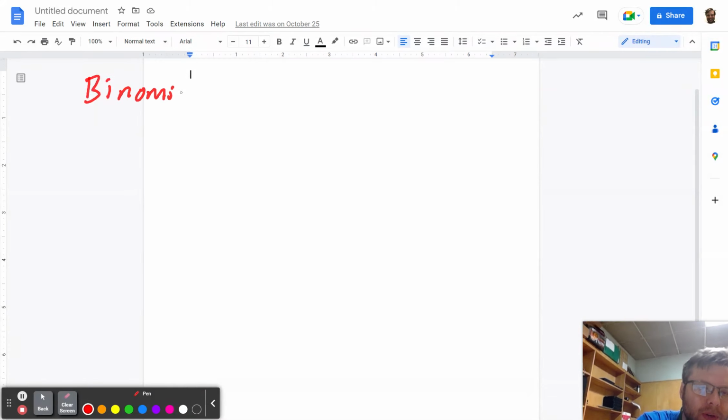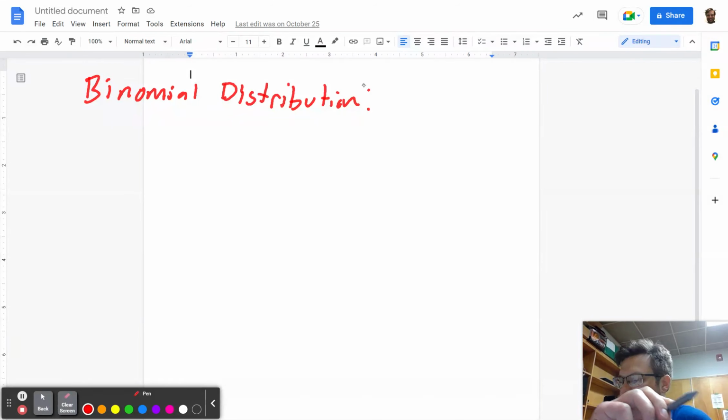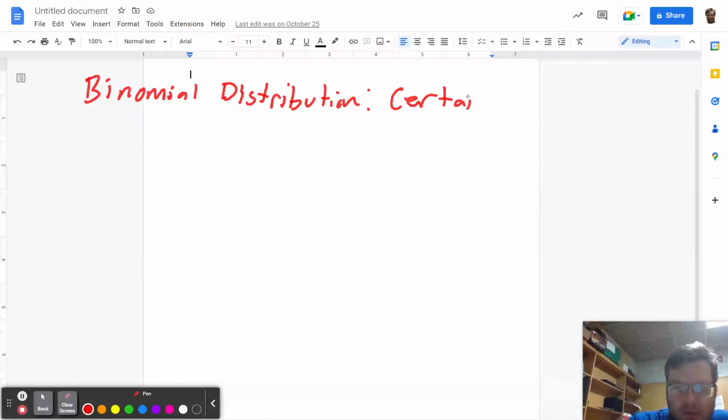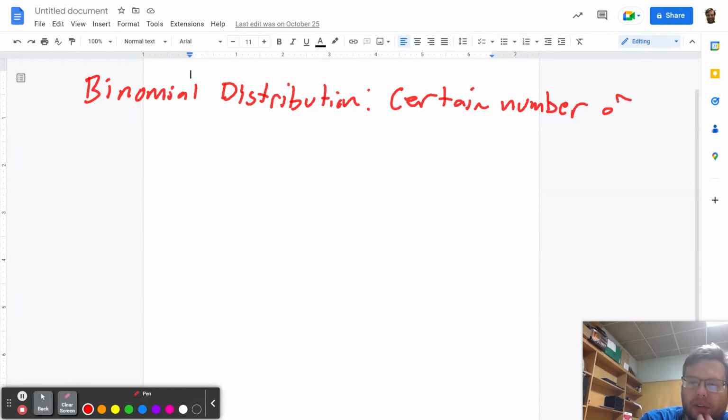let's write out what a binomial distribution is. Binomial distribution means that there is a certain number of trials, meaning you're going to repeat something a certain number of times. There's a certain number of trials, and there are only two outcomes.